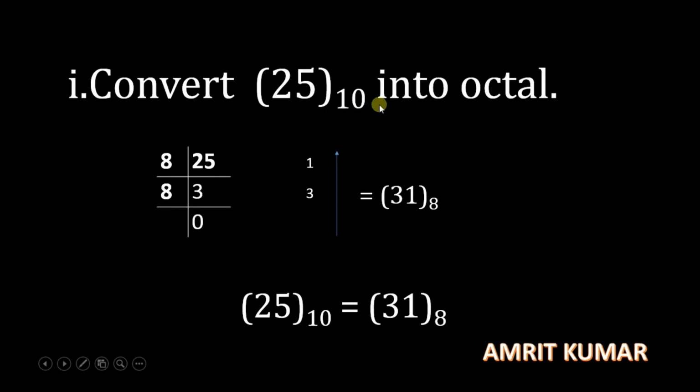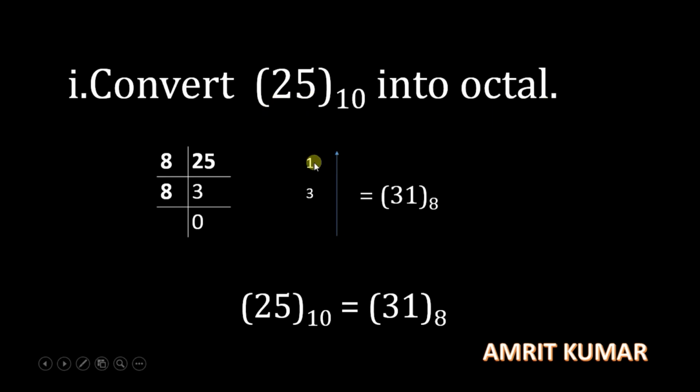We have to convert this number into an octal number, and we know that octal has base 8 and its range is from 0 to 7, while the base of a decimal number is 10. Let's look at how we convert a decimal number into an octal number.